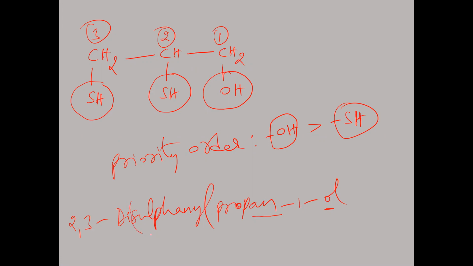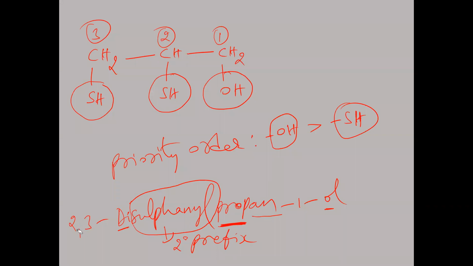What is this sulfanyl called here? Secondary prefix. And what is di here? Numerical prefix. And what are the 2 and 3 here? Number prefixes. Whatever we write before the root word should be called a prefix.